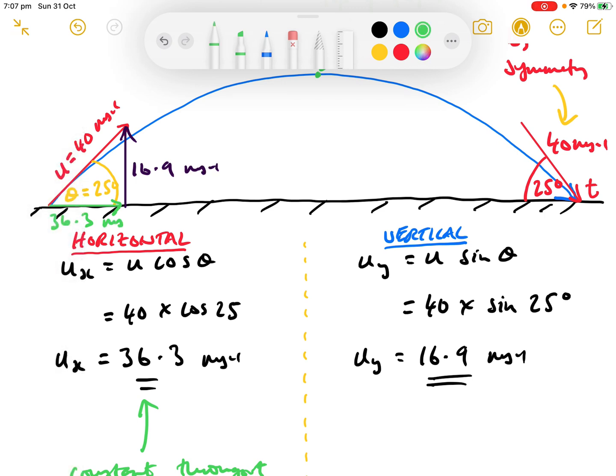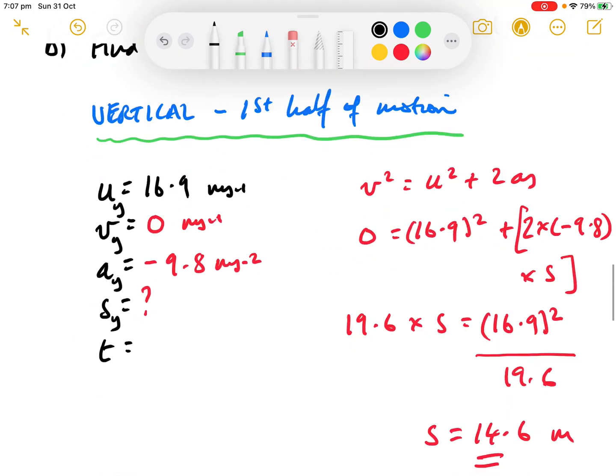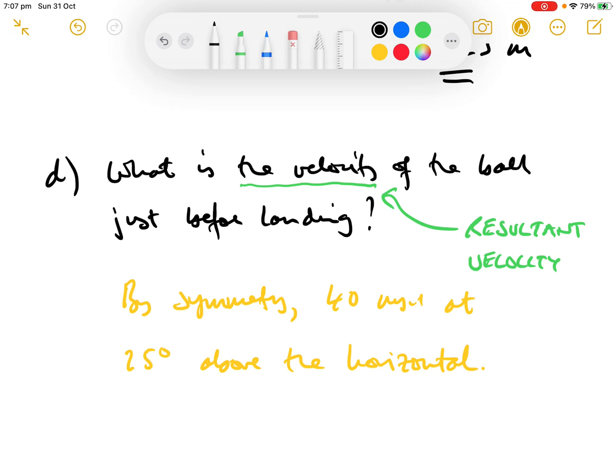So your 36.3 meters per second added tip to tail to your 16.9 gives you your initial 40 meters per second launch velocity, and that's the same kind of vector diagram as you'd have at the very end, except the 16.9 is now going down the way. So that's how you work out problems involving angled launch projectiles.